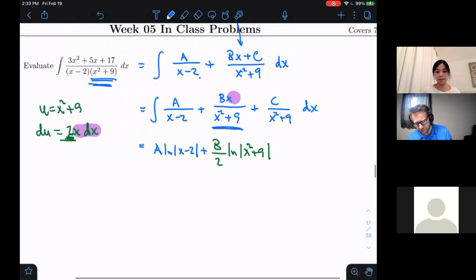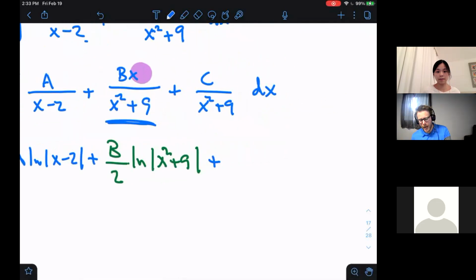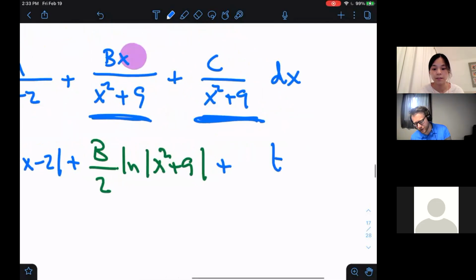For the third bit, how would we go about integrating this? Notice that the u sub's not going to work for this one, because we don't have an x on top. How are we going to integrate this bit here? Well, we have a couple of different options, but yes, it's going to be a tangent inverse.